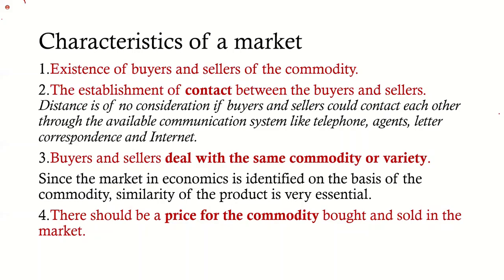Buyers and sellers deal with the same commodity and variety, so they are homogeneous, right? And there should be a price for the commodity. Now, how they price will also differ with the type of market they are in. Right, so that's what we will look at in the coming slides.